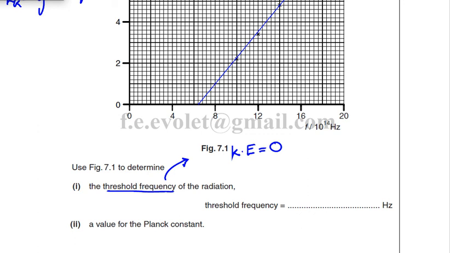If we plot it for 0, we get it here, 6.4. Each small box is 0.4, so that is 6.4. But not to forget to write this 10 raised to 14 hertz in your answer. So the answer is 6.4 into 10 raised to 14 hertz.